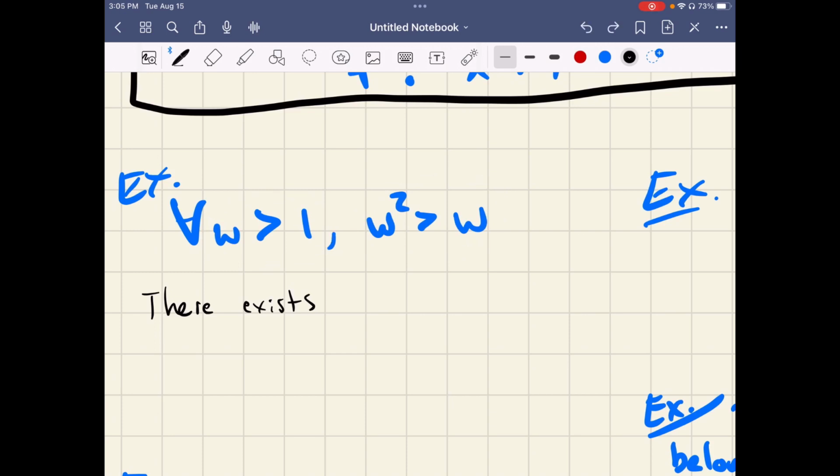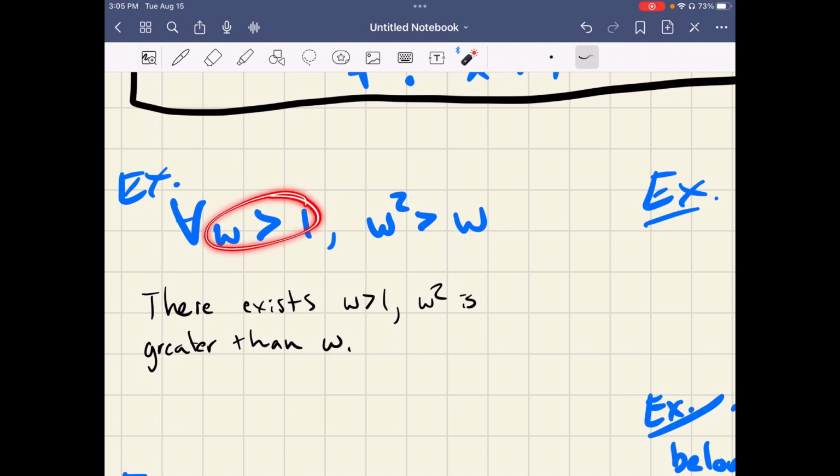We say there exists a w greater than 1, comma, where w squared is greater than w. So you can see I've written it out two ways: using the common mathematical phrase, w is greater than 1, or we can write out what the inequality says in words, greater than. Two ways you can do it.